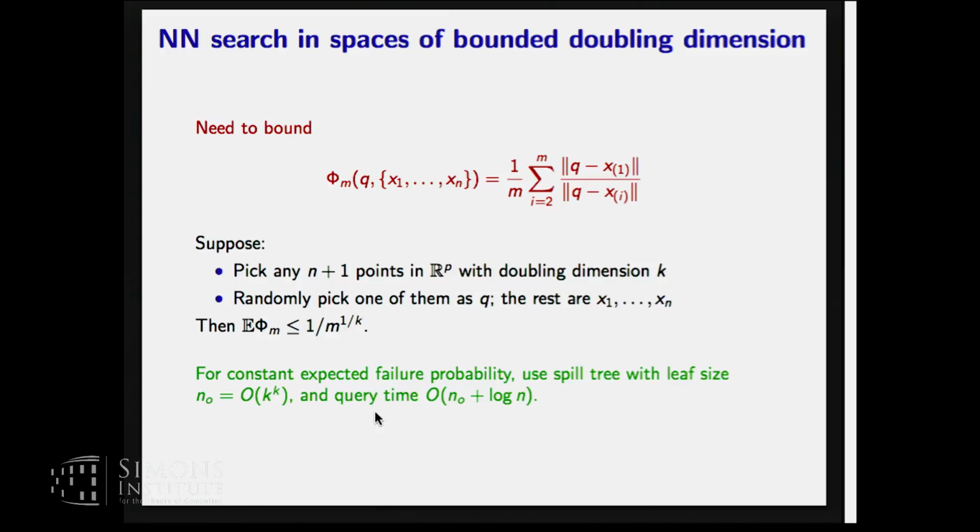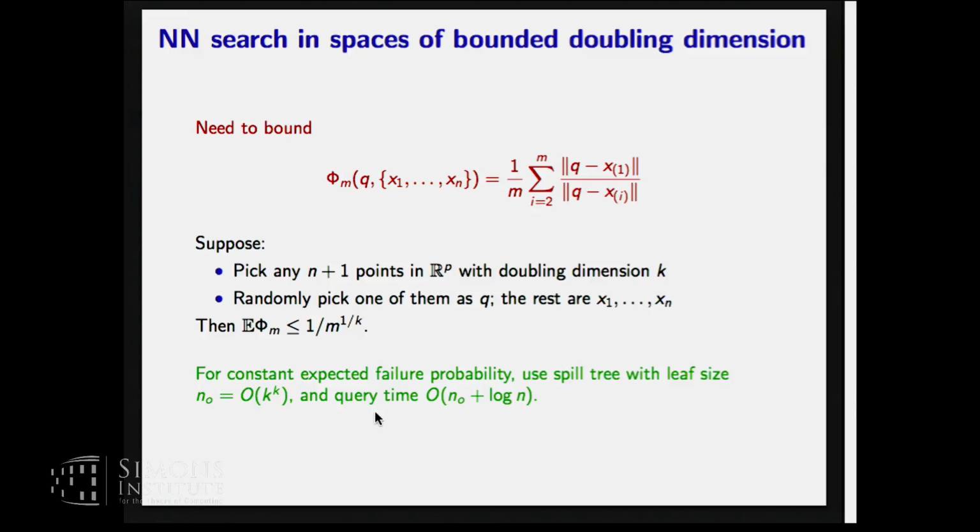And so for doubling dimension, you can show that, I'm not going to go through the entire argument. I'll just give some high level remarks. Basically, what you need to do is to grow the tree until the sizes of leaves are about k to the k, where k is the doubling dimension.